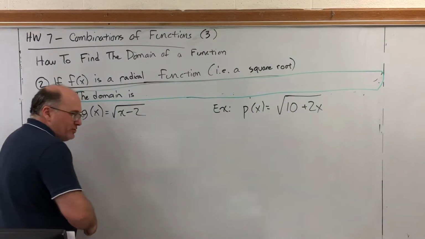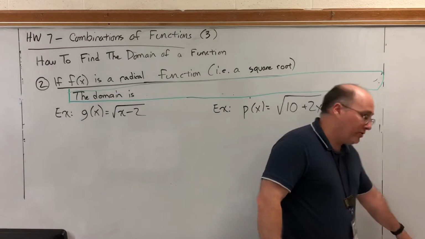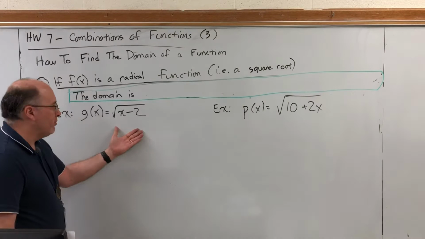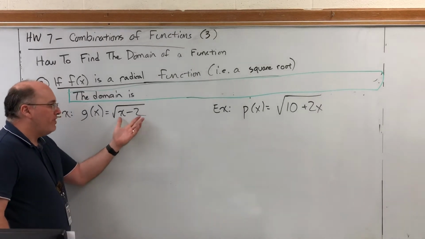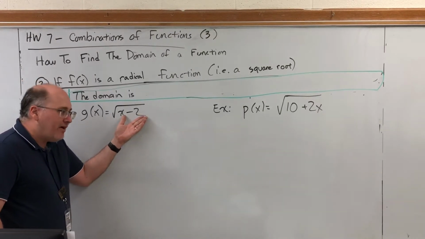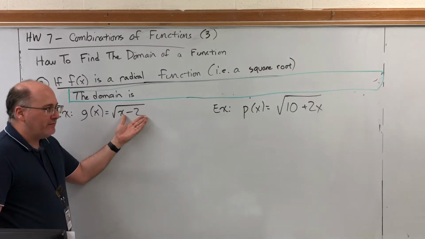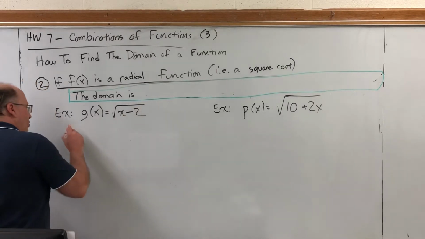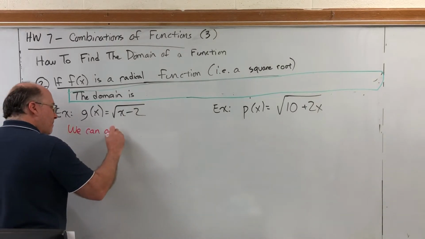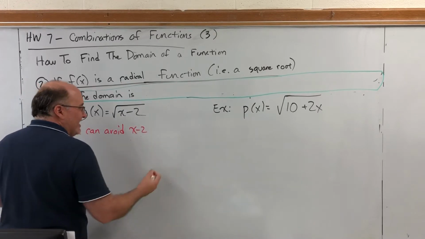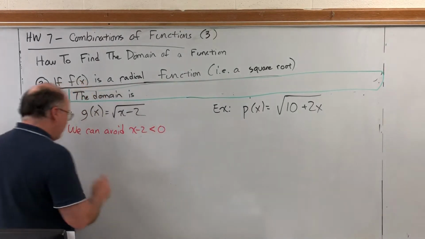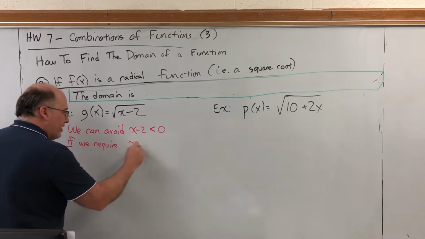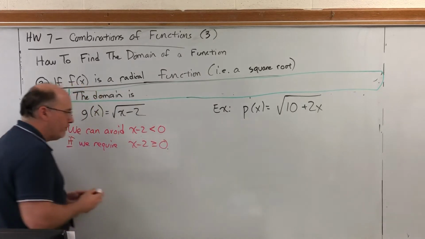So let's think about what we're trying to avoid and how we can make sure that we avoid it. We're trying to avoid taking the square root of a negative number, which means that we don't want this to be negative. How can I force it to not be negative? By forcing it to be 0 or greater. So we can avoid x minus 2 being negative, in other words less than 0, if we require x minus 2 to be greater than or equal to 0.